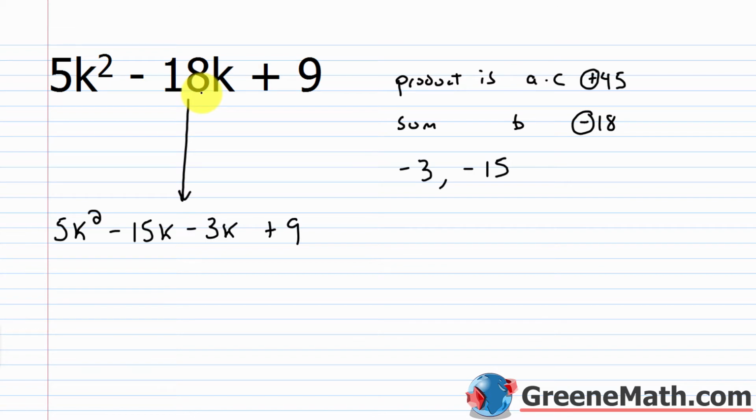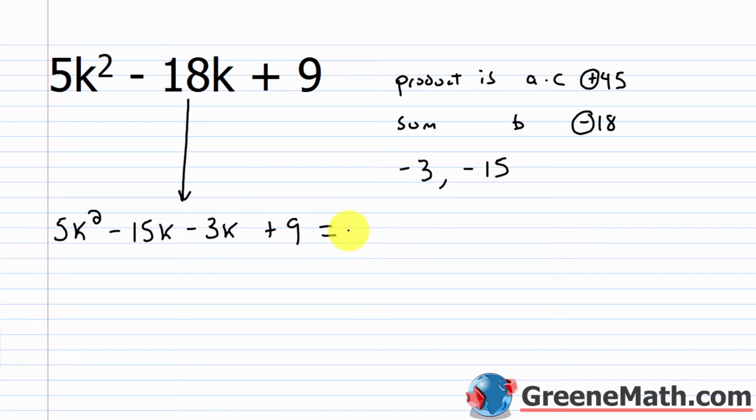Now, the second thing is I put 15 next to 5 because I know they have a common factor of 5. I put 3 next to 9 because I know they have a common factor of 3. I did that because, remember, if you're factoring by grouping, you want to put your groups together in a way to where you know you have some common factor you can pull out. So that's why I did that.